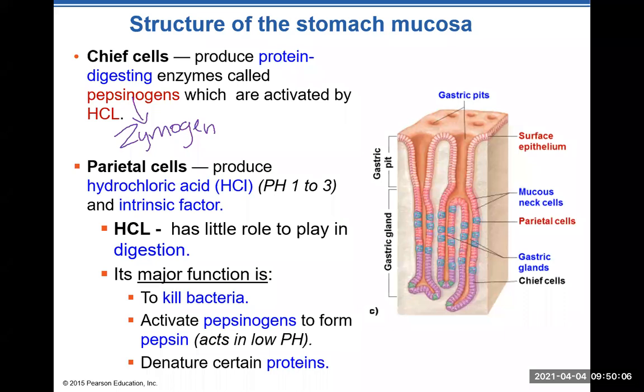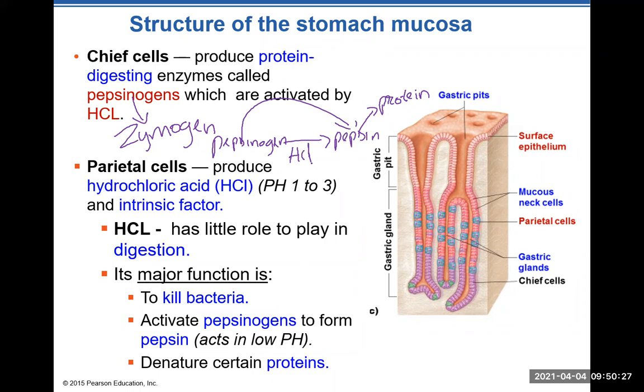So pepsinogen can be converted into an enzyme called pepsin, which can digest what? Proteins, which can break down the peptide bonds of proteins. But in order to convert from here to here, what does it need? HCl, hydrochloric acid, which has a pH of about 1 to 3.